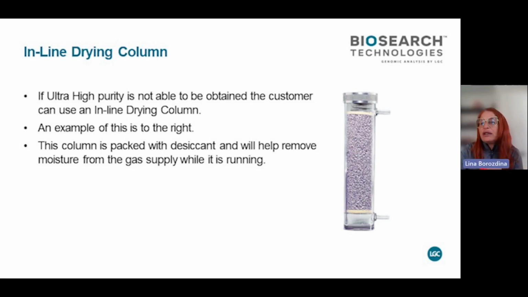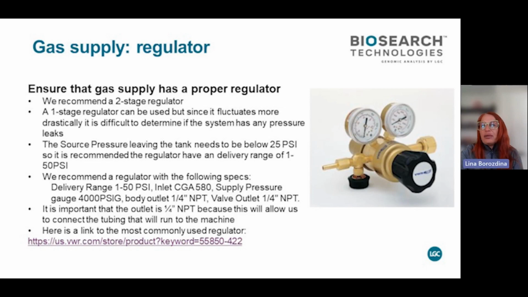When it turns wet, it turns pink. That's the time to pour it out and pour a fresh one in. This can be put between the gas tank and the instrument, minimizing the amount of water in your gas. You do have to purchase a gas supply regulator. They're available pretty much everywhere. That's going to control your gas flow from the gas cylinder into your instrument.